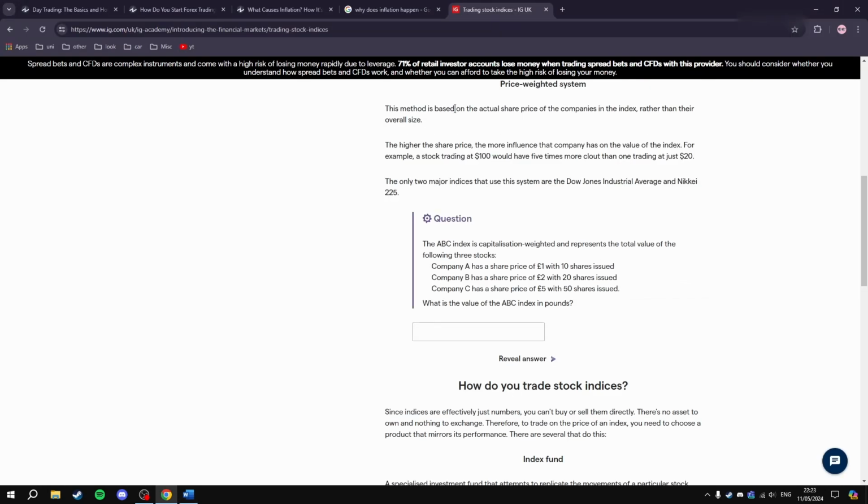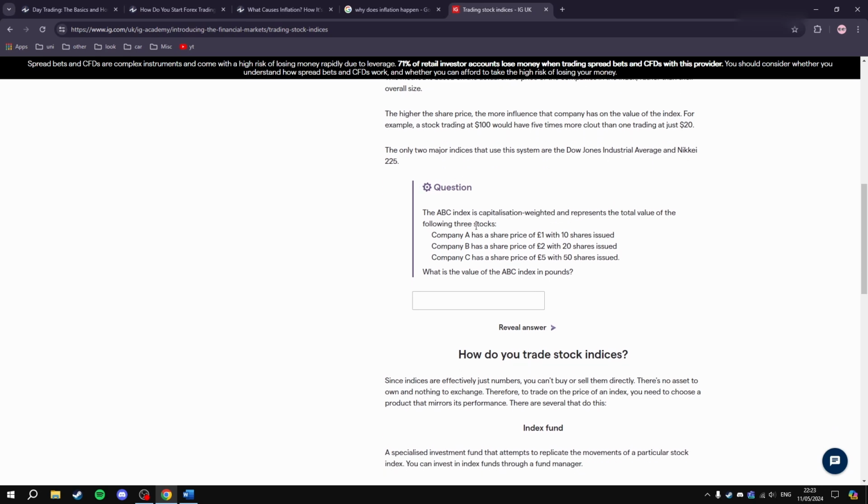For example, a stock trading at $100 would have 5 times more clout than one trading at just $20. The only two major indices that use this system are the Dow Jones Industrial Average and Nikkei 225.